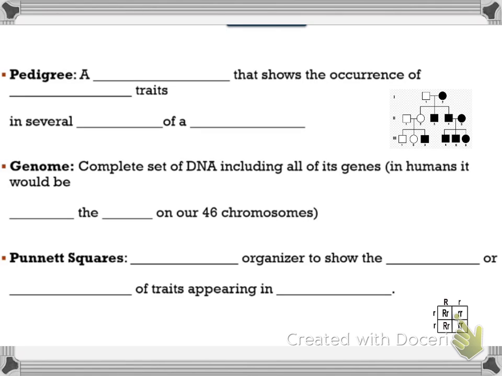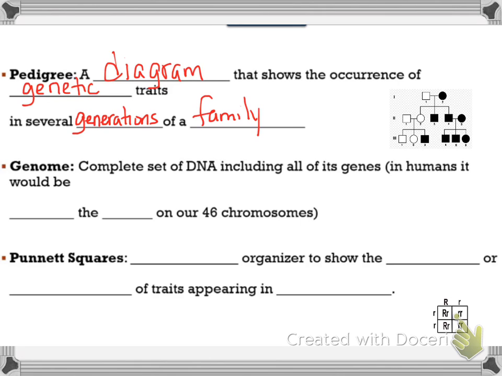Our next is pedigree, and pedigree is basically a diagram that shows the occurrence of genetic traits in several generations of a family. So you have this chart over here to the right. The XY is a male, and those are going to be the squares, and the XX is the female.